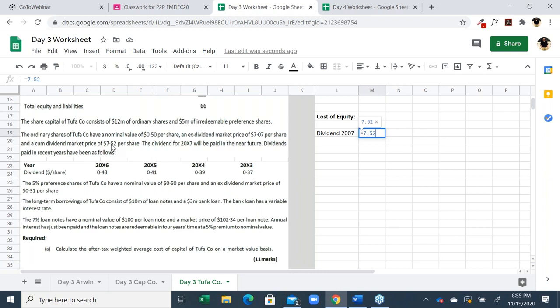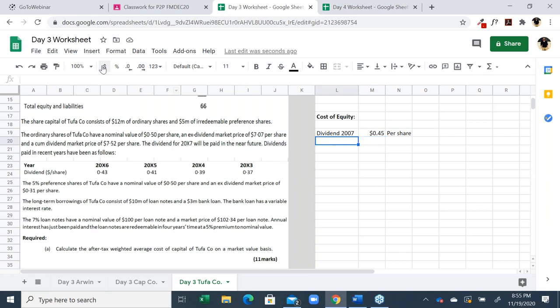And the ex dividend, that is if the dividend is subtracted from the price, will be 7.07. The difference between the two will be the dividend per share for 2007. That's the latest dividend which is supposed to be paid shortly. So that's $0.445.